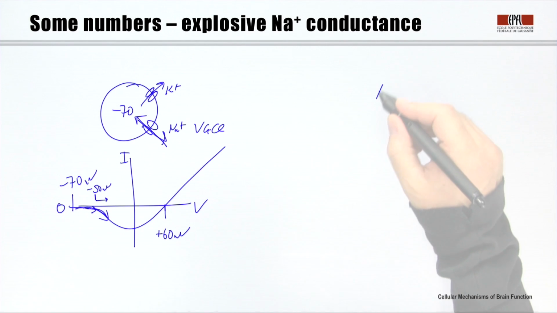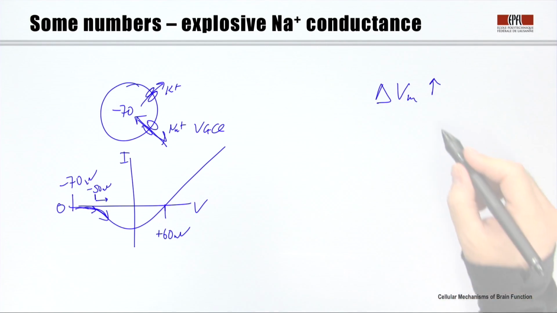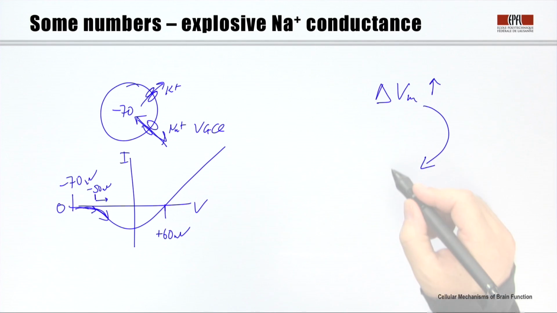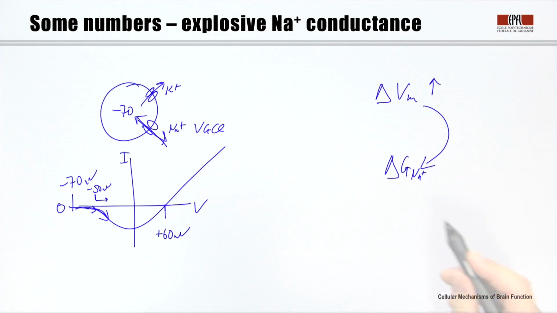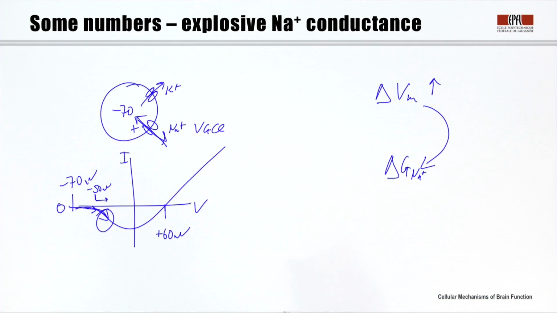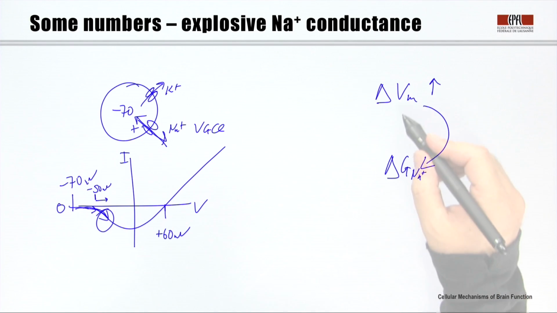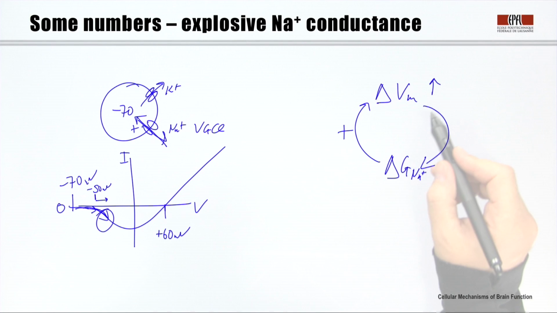So we depolarize the membrane potential a little bit. That opens a voltage-gated sodium conductance. That voltage-gated sodium conductance leads to an inward current. That inward current will bring more positive charge inside the cell and will cause the membrane potential to further depolarize.